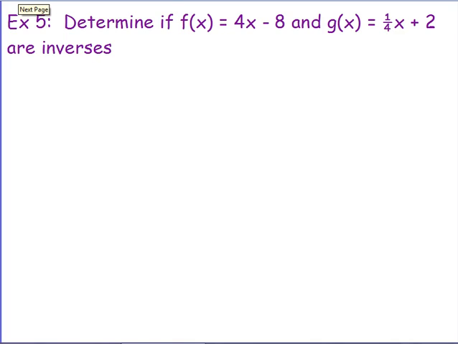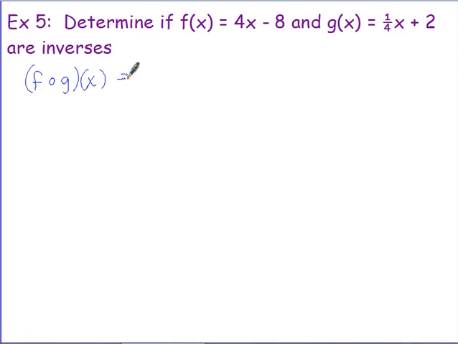Determine if f of x equals 4x minus 8 and g of x equals 1/4 x plus 2 are inverses. So we have to do both f of g of x and g of f of x. The first one we are going to do is f of g of x. Now that's not the helpful form, so we are going to rewrite it using red and blue.